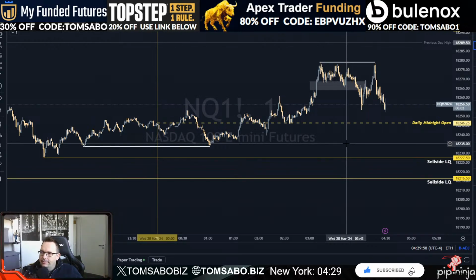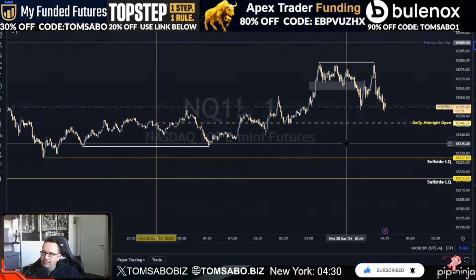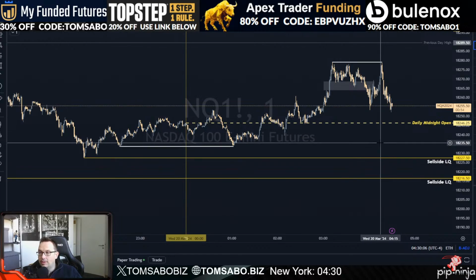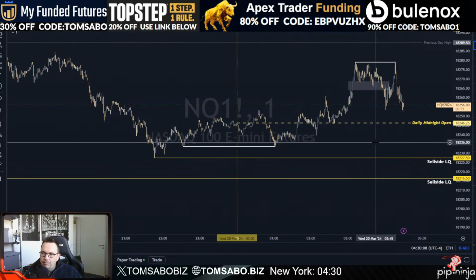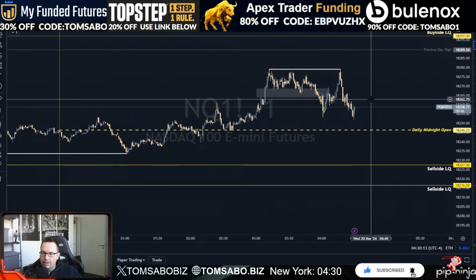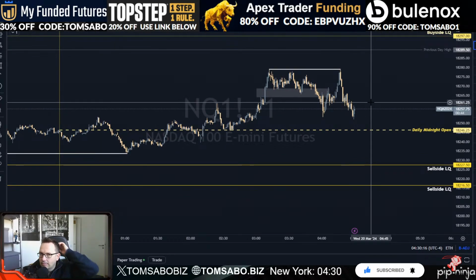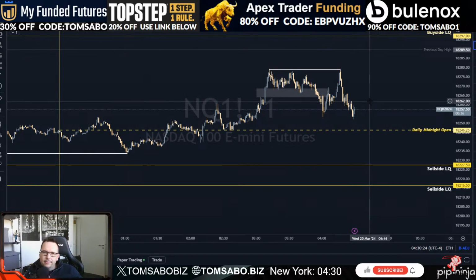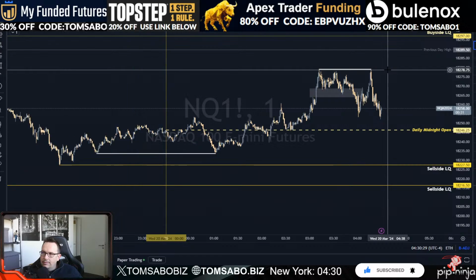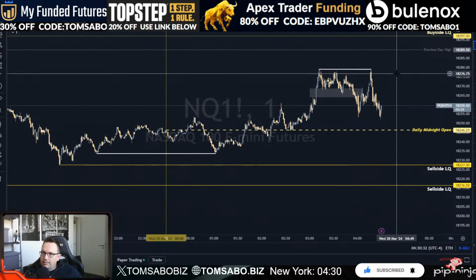It's only 20 points down, the relative equal lows. Or are they going to shift again to the buy side? That's the big question.